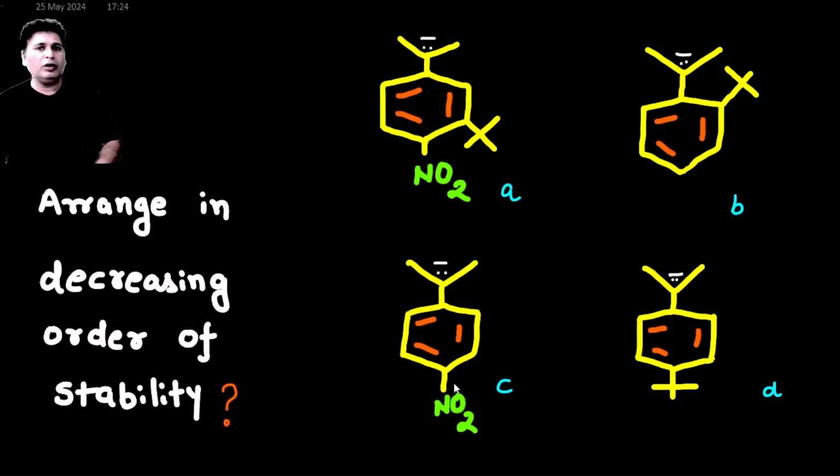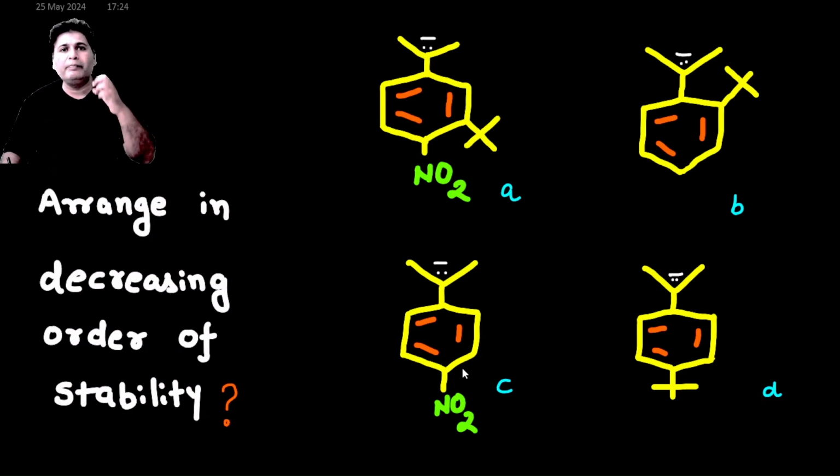Now, as you all know, which I have been saying throughout my videos, either it be plus charge or minus charge, it is a problem. The bearing of charge is a problem, and in order to reduce that problem, you have to delocalize the charge.